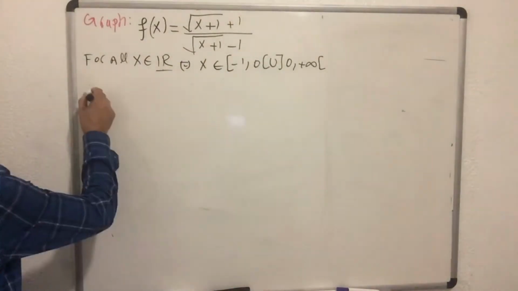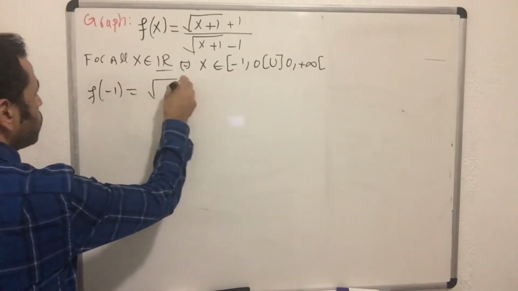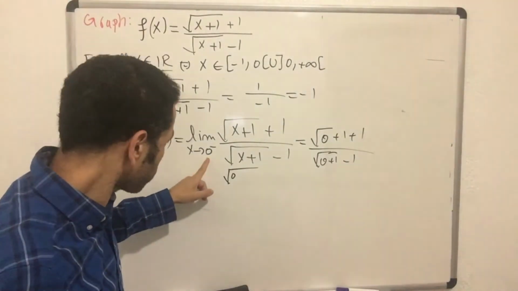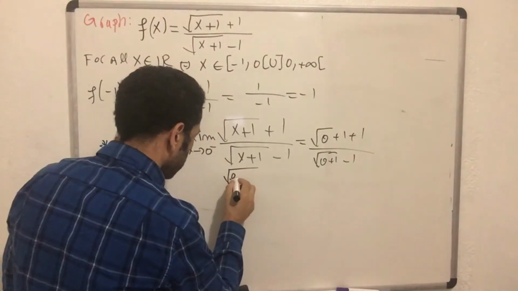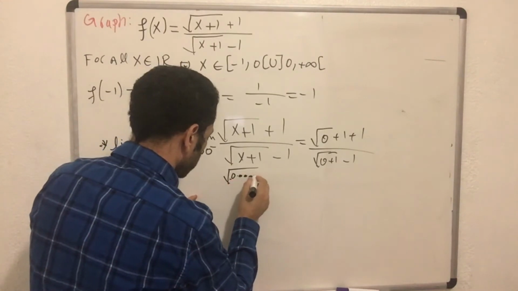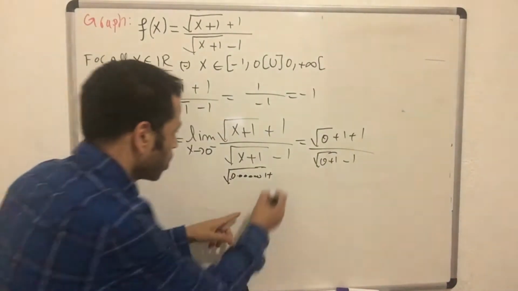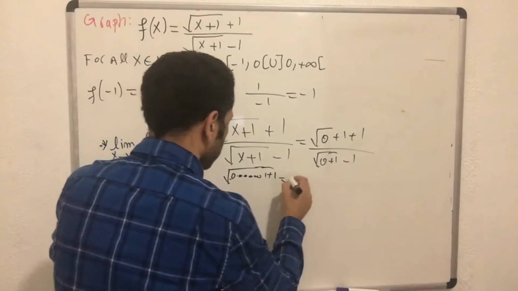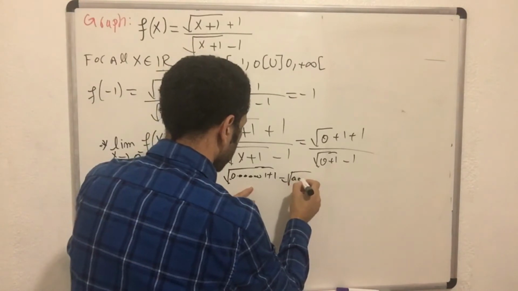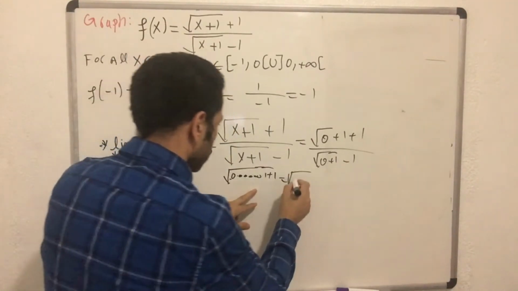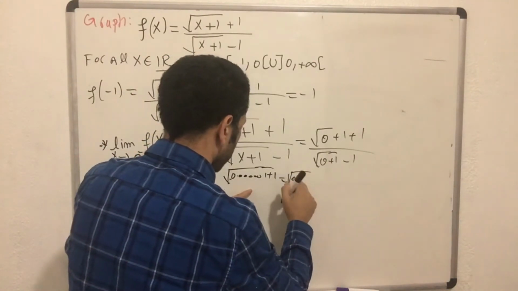So f of minus 1 is given. From the left hand side, that means you are at a negative number but very small, for example minus 0.00001. Plus 1 is going to give you 0.99999, for example.